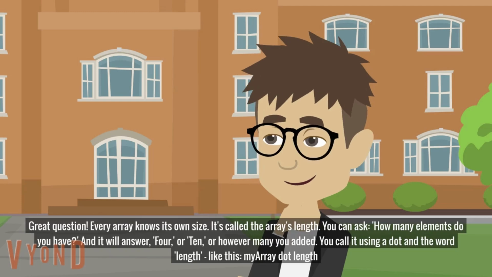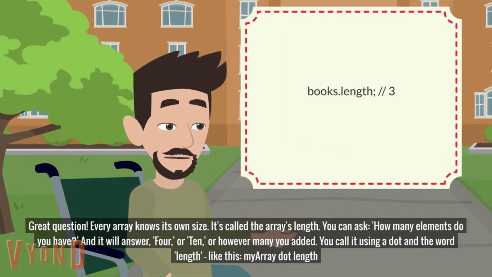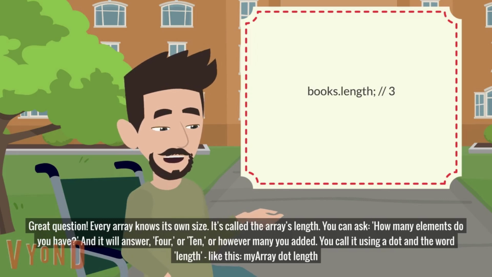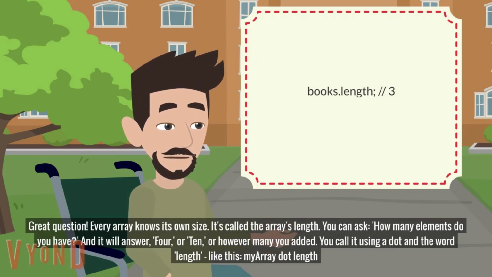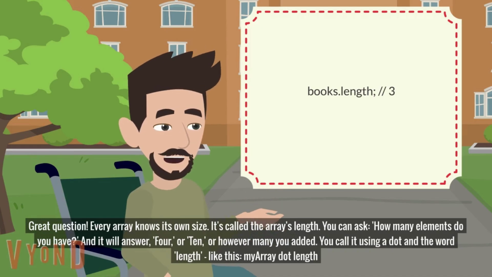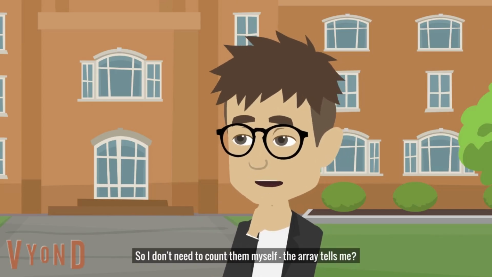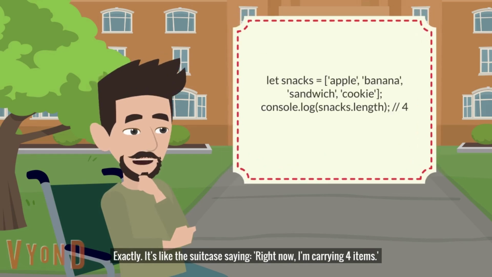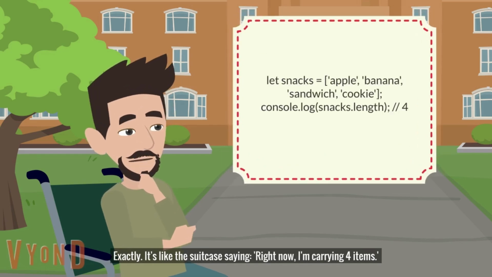You can ask, "How many elements do you have?" And it will answer 4 or 10 or however many you added. You call it using a dot and the word length, like this, myArray.length. So I don't need to count them myself. The array tells me? Exactly. It's like the suitcase saying, "Right now, I'm carrying 4 items."